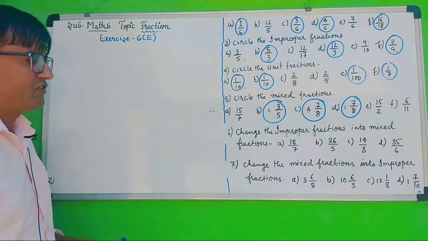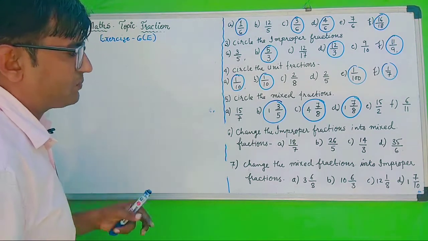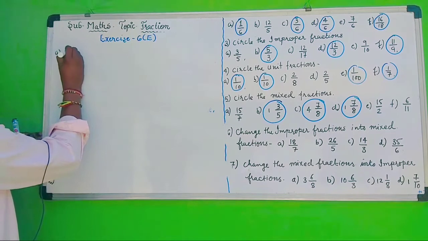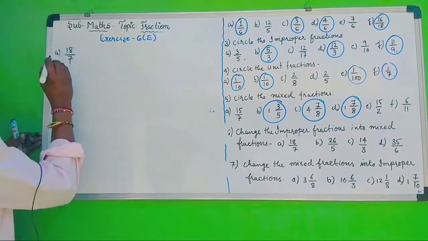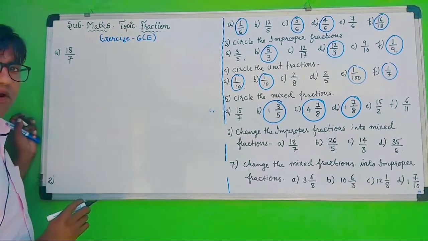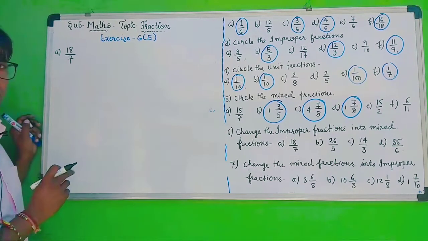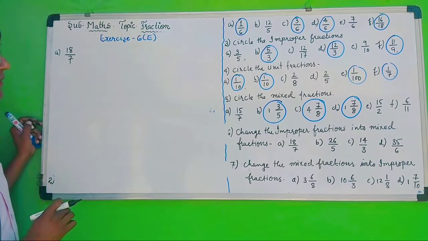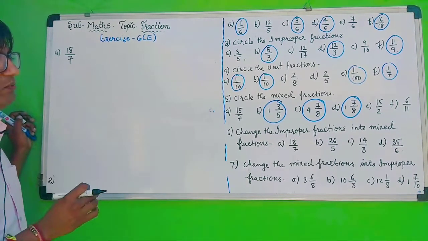First one, change the improper fraction into a mixed fraction. First one A, 18 by 7. Children, 18 by 7 is the improper fraction. We have understood, the numerator is greater than 7. Now, what is the method to convert the improper fraction into a mixed fraction?